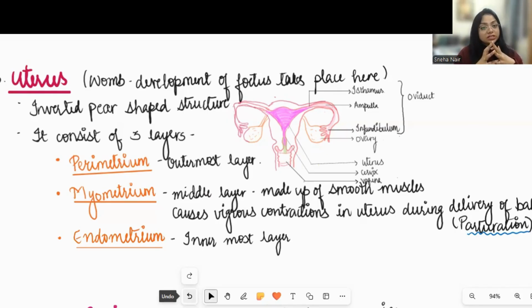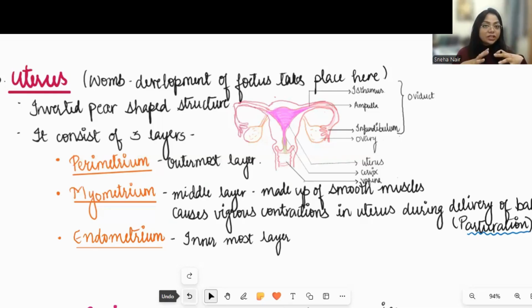This process is known as fertilization, and it takes place in the ampulla part of the oviduct. After fertilization, the zygote is formed, which then implants in the uterus. That means it attaches itself to the wall of the uterus. And then slowly, steadily, the development takes place in the uterus.